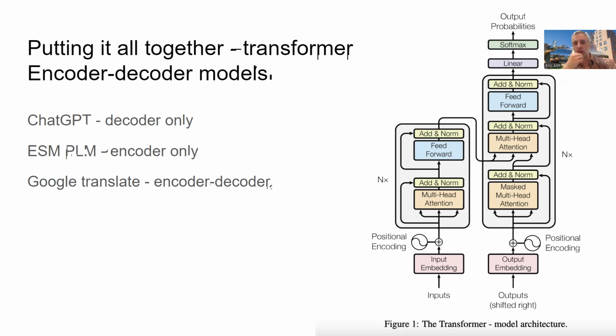Just for some context, you are going to be working with this protein language model, ESM. It is an encoder-only model. You're familiar with ChatGPT. ChatGPT is a decoder-only model. Google Translate is an encoder-decoder. So we can mix and match different pieces of this.